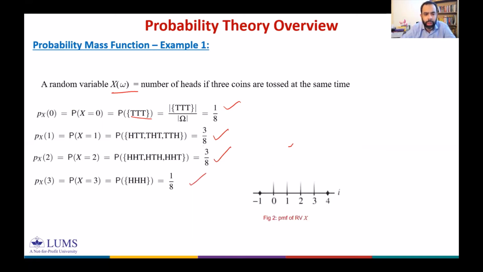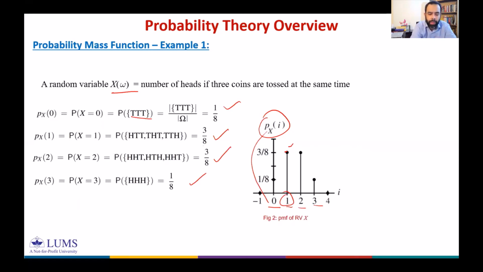We also plot this probability mass function versus all of the values a random variable can take. A random variable can take 0, 1, 2, 3. And what's plotted here are the probabilities that the random variable takes each value. So this number 3 over 8 is the probability that the random variable X takes the value 1, and so on and so forth.